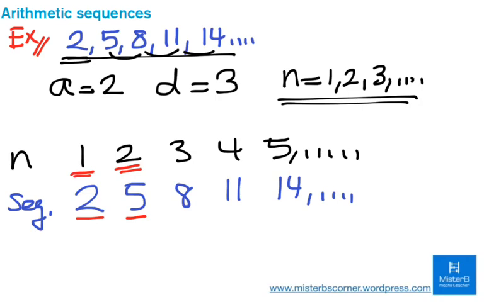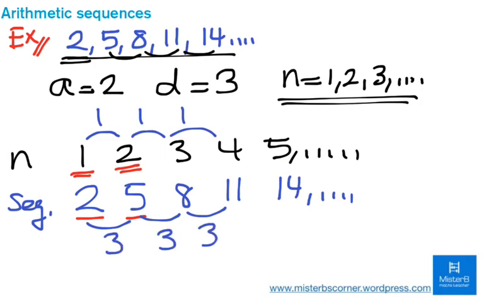Well, the difference between the values of n is 1, right? So actually the values of n is the most basic sequence, whereas the difference between my sequence is 3.